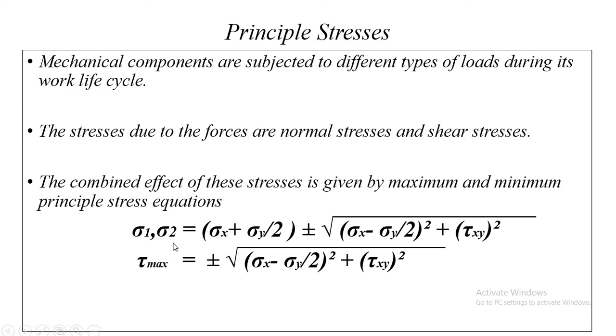Sigma 2, which is the minimum principal stress, is given by the equation sigma x plus sigma y by 2 minus square root of sigma x minus sigma y by 2 whole square plus tau xy square. The shear stress is given by the formula plus or minus square root of sigma x minus sigma y by 2 whole square plus tau xy square.